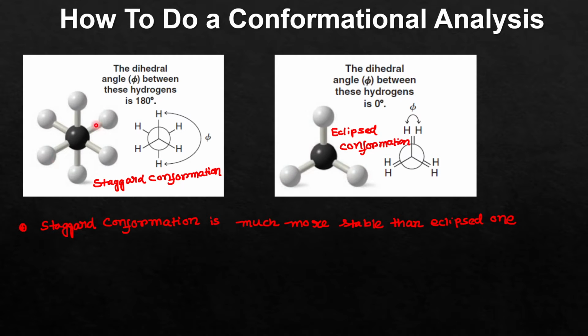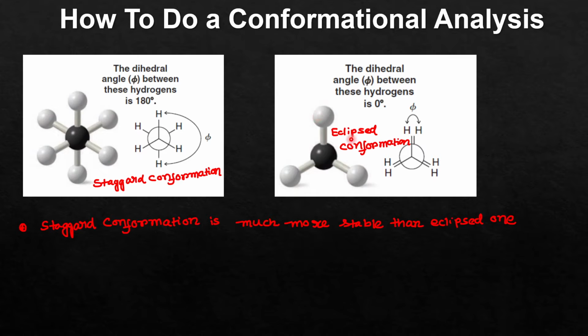Now as you can see, this is the staggered conformation of ethane molecule, and this is the eclipsed conformation of ethane molecule. You can see that in the staggered conformation, the dihedral angle between these two hydrogen atoms is 180 degrees.